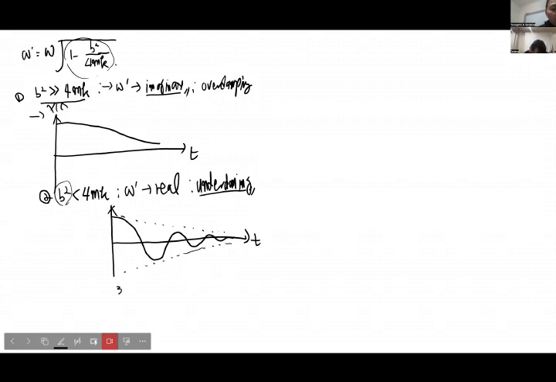And number three, if b squared is the same as 4mk, then inside of the square root will be 0. That means omega prime will be 0. Then this is called critical damping.